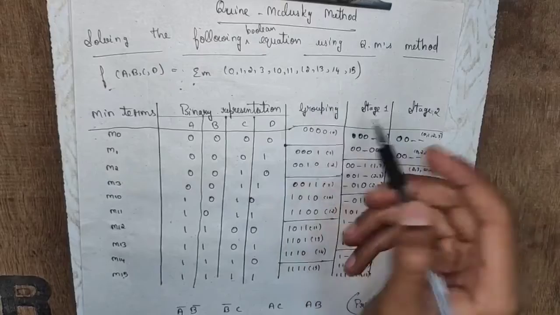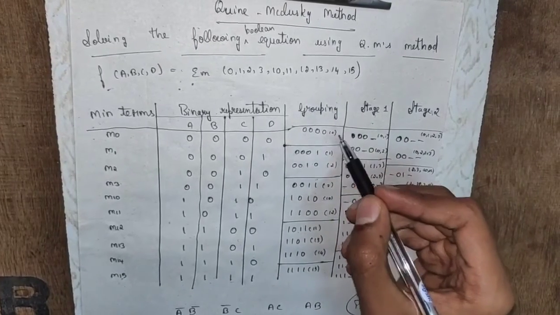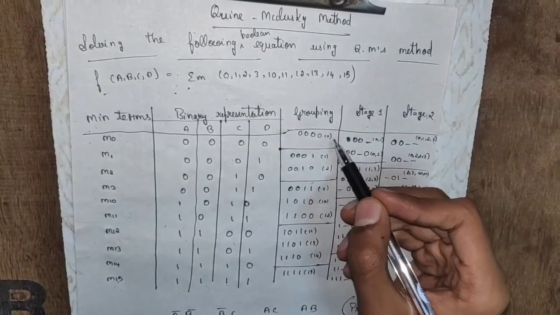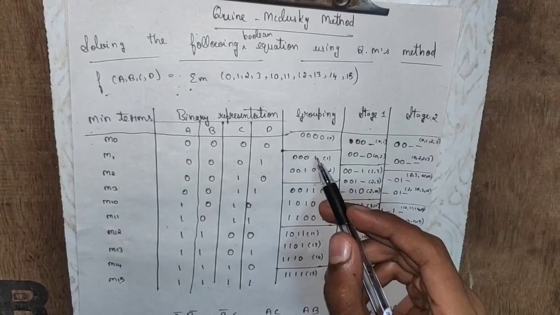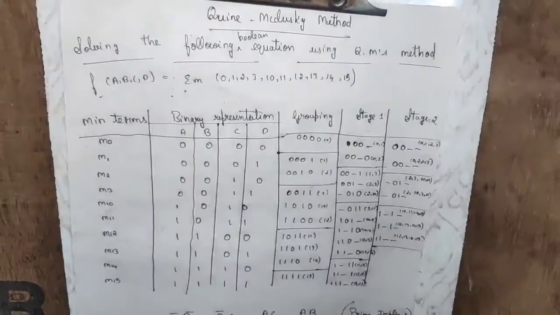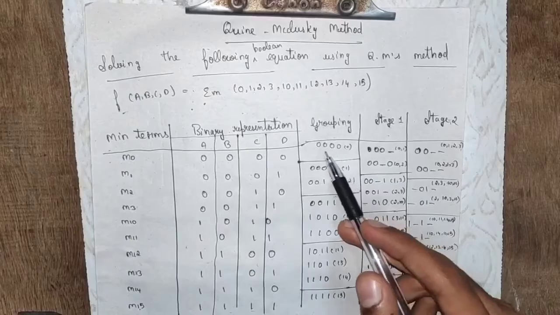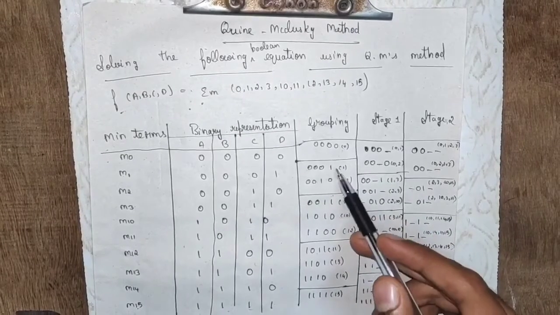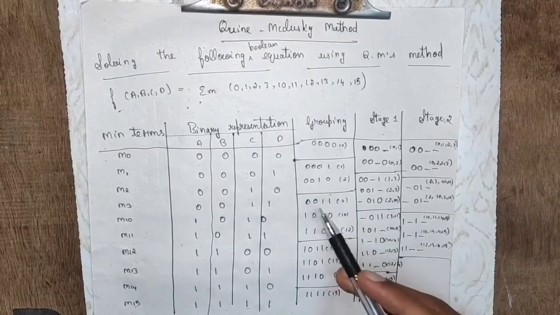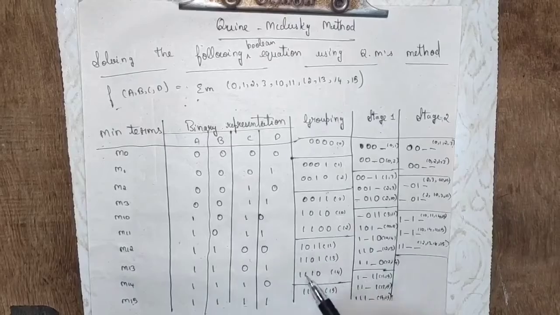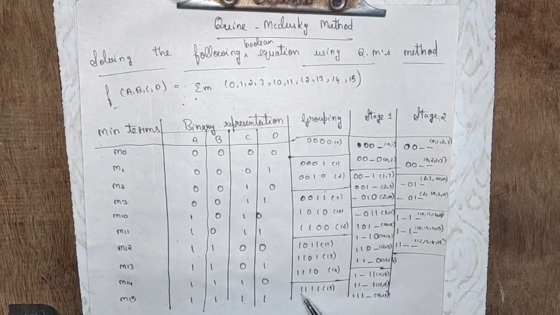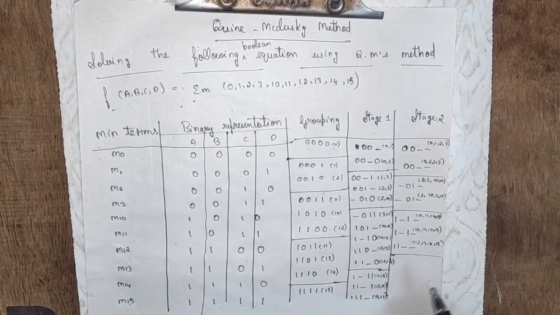So the next step is grouping. Under grouping we should group all the zero ones, all the one ones, all the two ones, all the three ones and at last the four ones at one place.